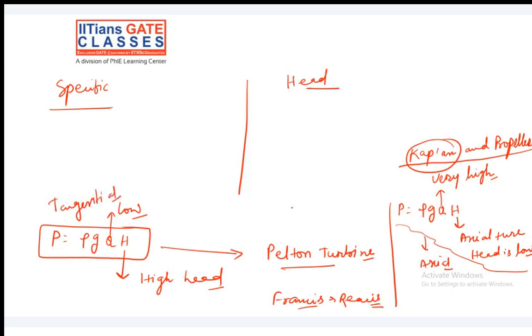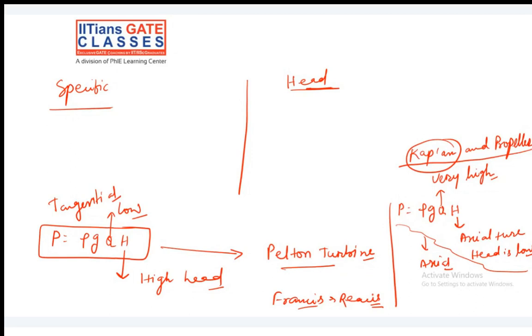Okay, now working head. Working head of which turbine? Pelton turbine. So this is very high. I told you now that in the Pelton turbine the dam is at a very high elevation compared to the turbine level.